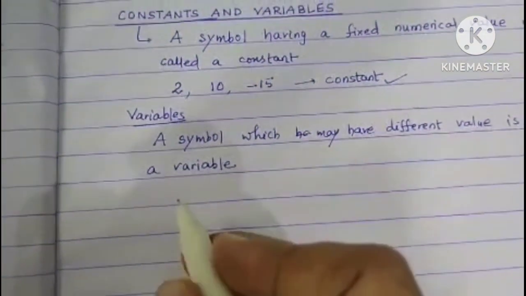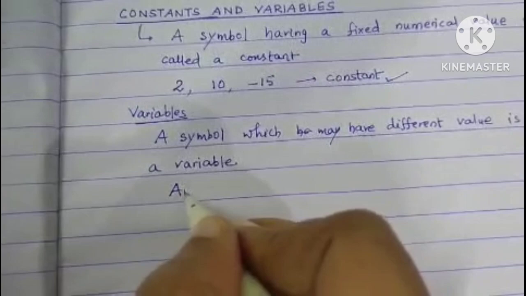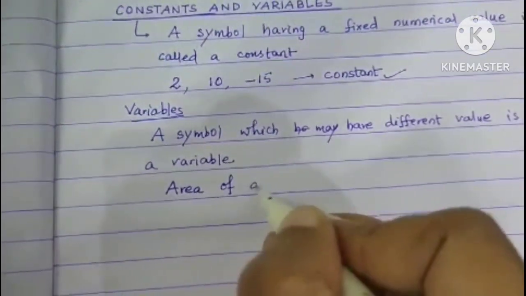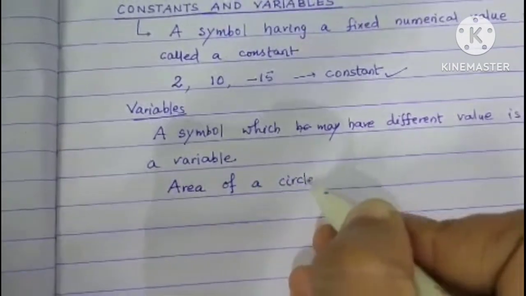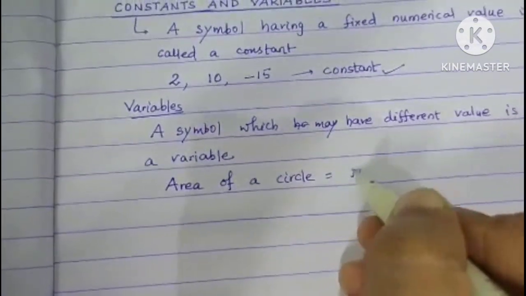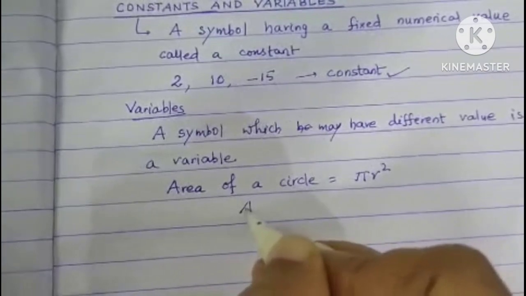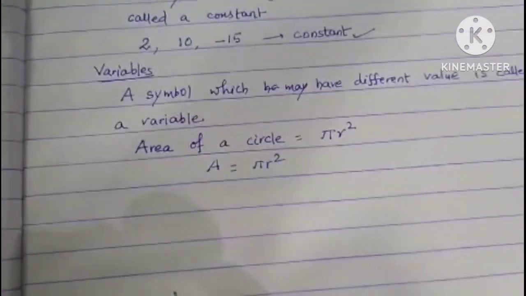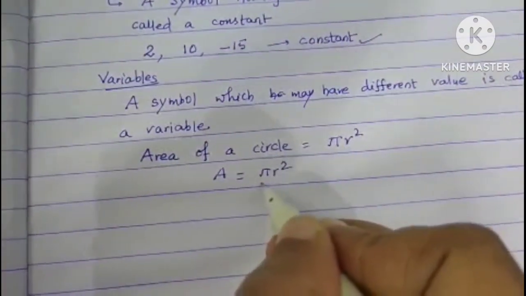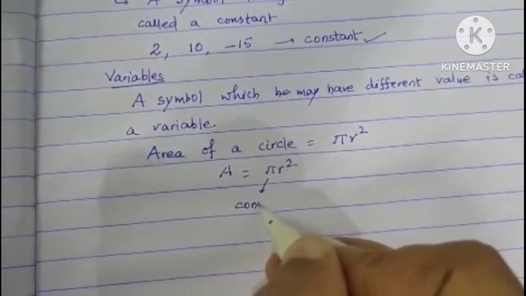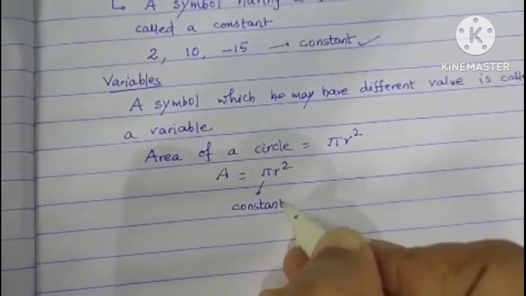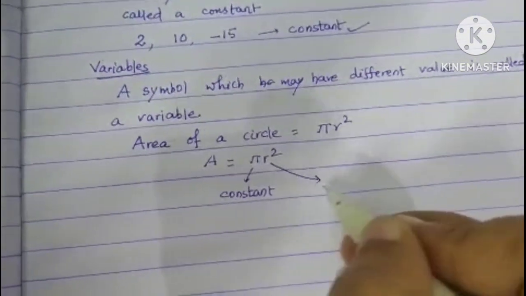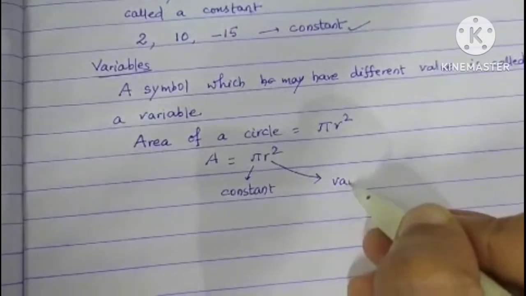Let's understand this with an example. Area of a circle is equal to pi r square, or we can write A is equal to pi r square. Here pi is constant, we know its value, but this r, its value may change from time to time, so this one is called a variable.